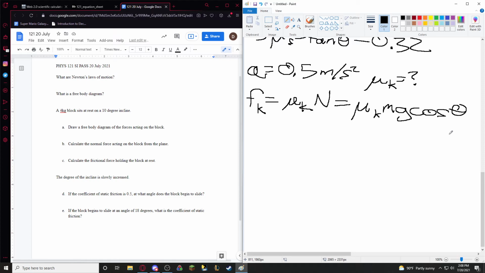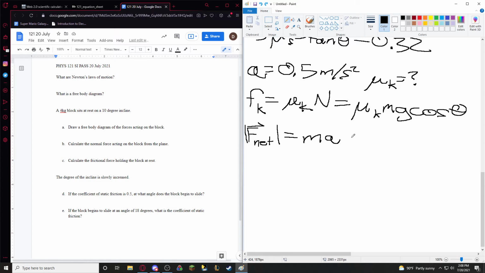Just multiply it by the mass. Exactly. So the magnitude of our net force is going to be ma, which is 0.5 meters per second squared times the mass, which gives 2 newtons.